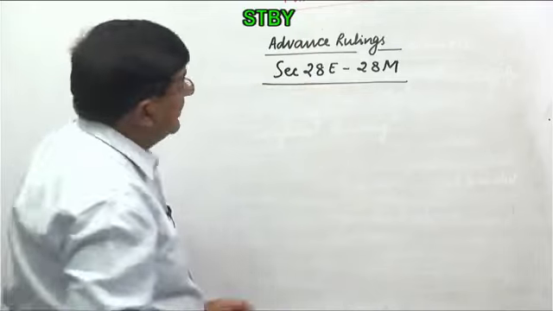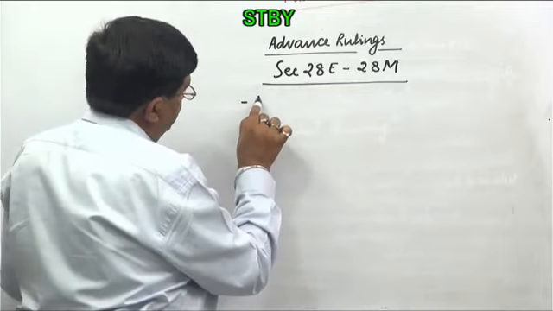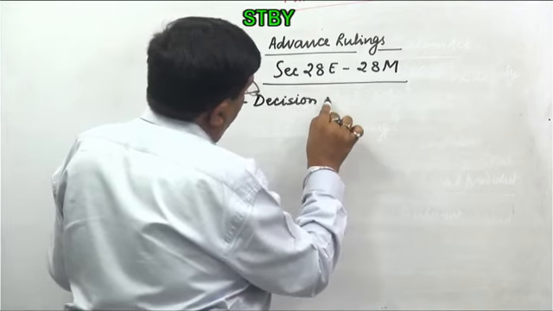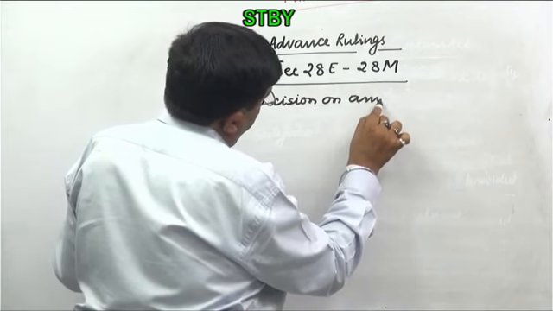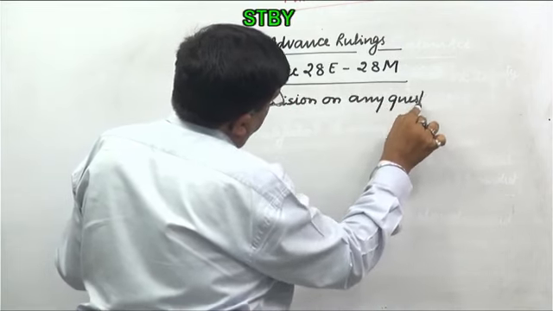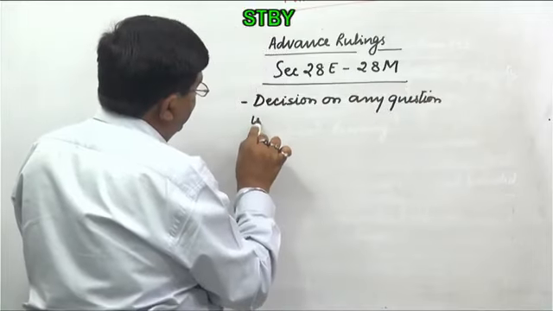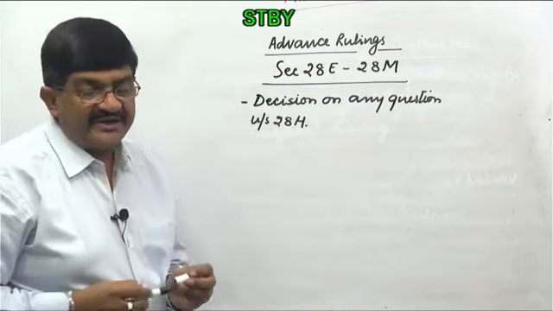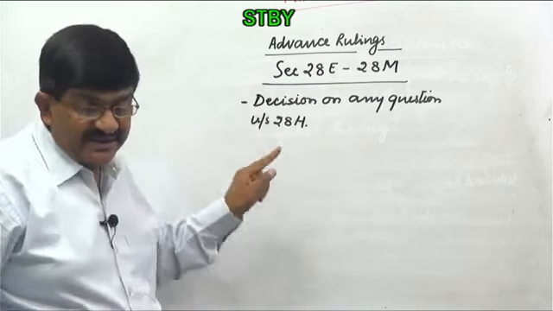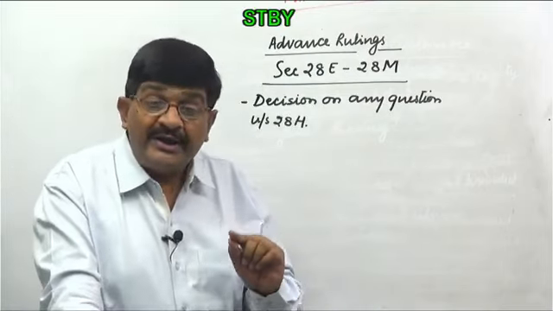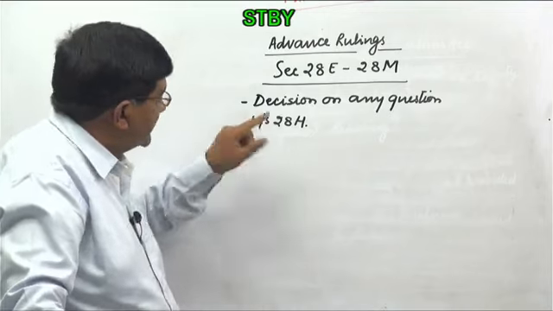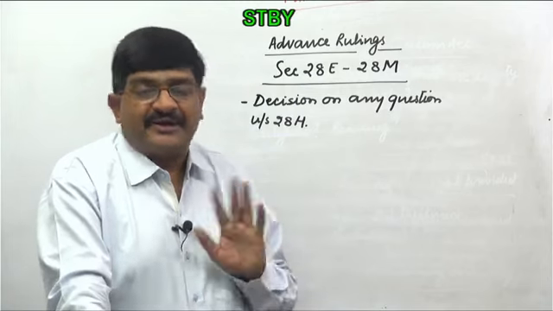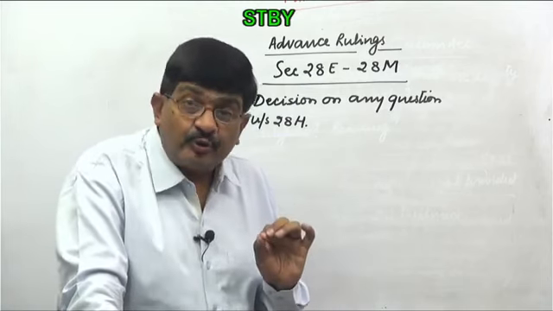So advance ruling means decision on any question under section 28H. Now you can understand that advance ruling can be obtained only on the questions which are referred under section 28H. You cannot go for advance ruling on anything, only specific questions.